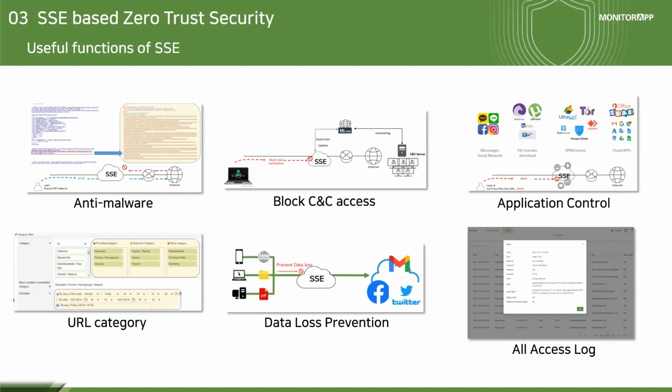And the next one is URL category. If you want to set up a policy, for example, to block access to shopping or gaming sites during working hours, then it's possible because the SSE platform provides URL categories. And the next one is data loss prevention.